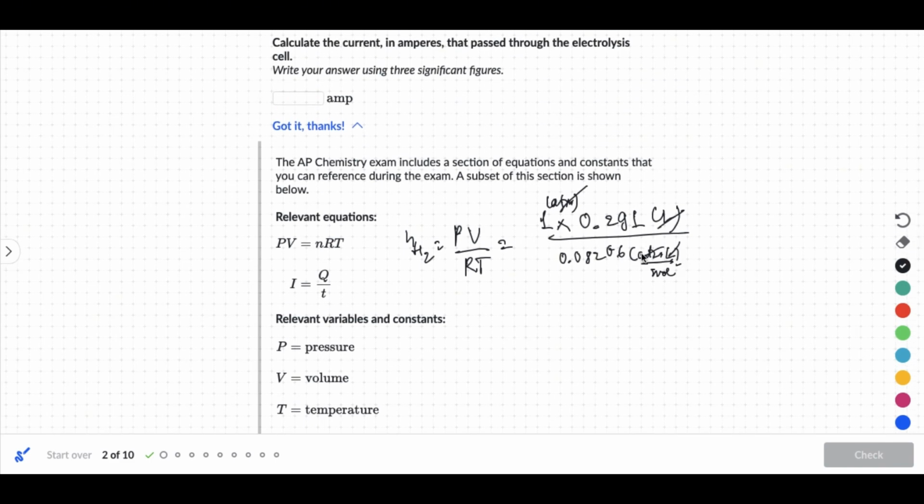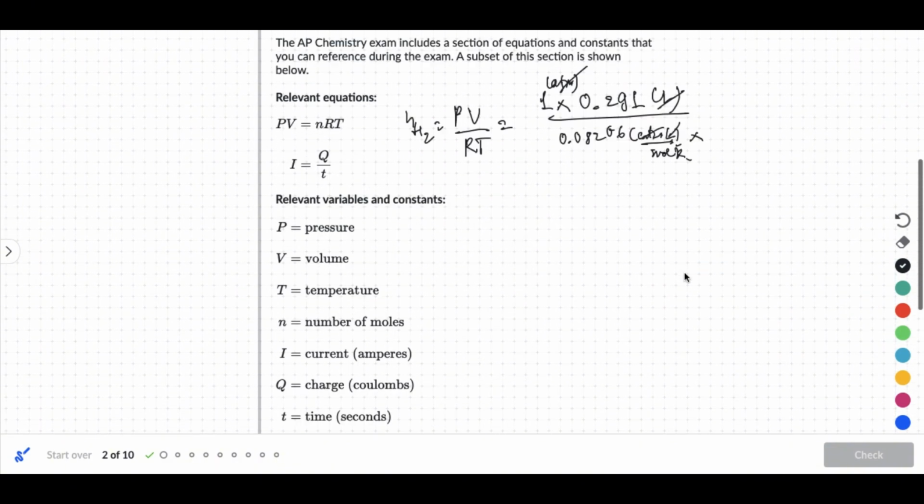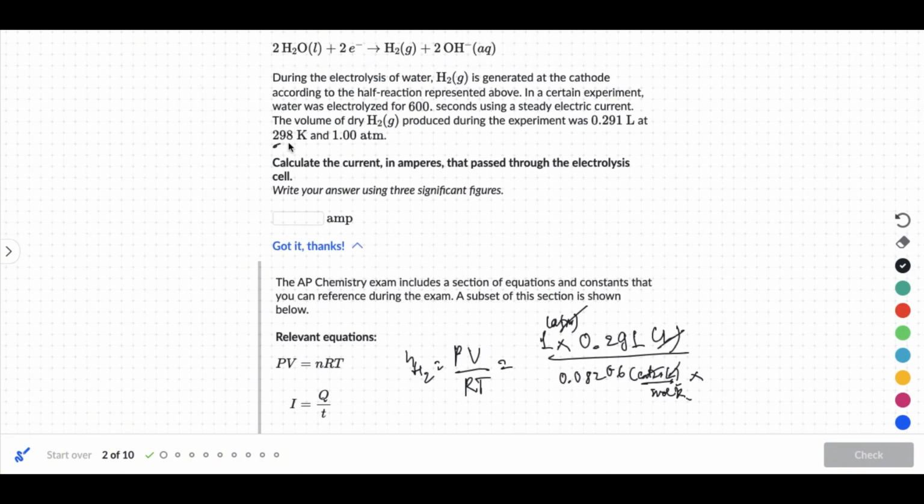Now we're going to multiply that with our temperature, which is 298. I'm going to plug numbers in the calculator real quick. There's something like this.